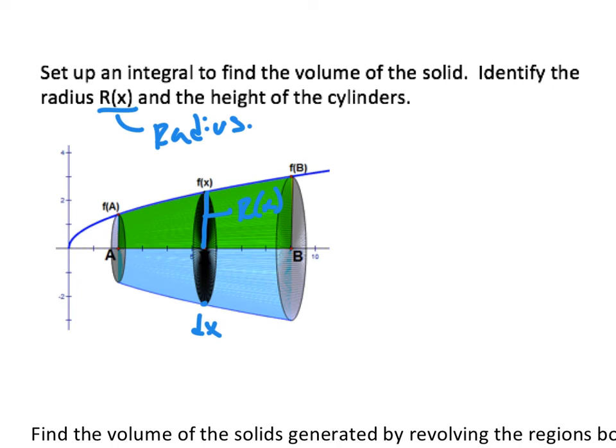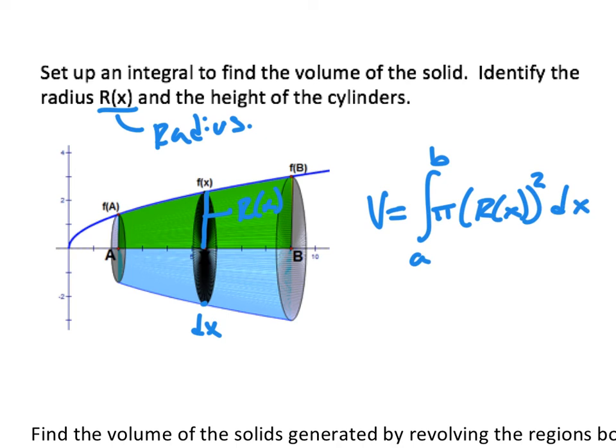So if we wanted to calculate the volume here, we need to think about what the equation for the volume of a cylinder is. So we would integrate from A to B, but we would take pi times our big radius, r of x, square that, and then dx, okay?